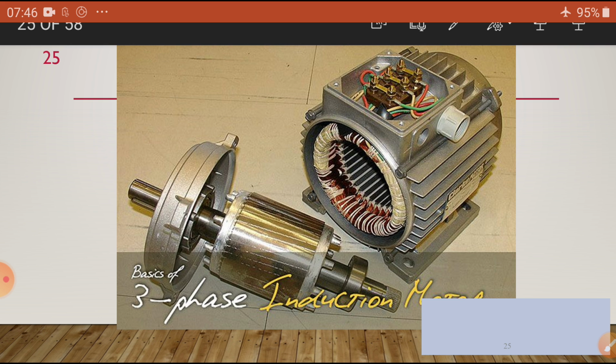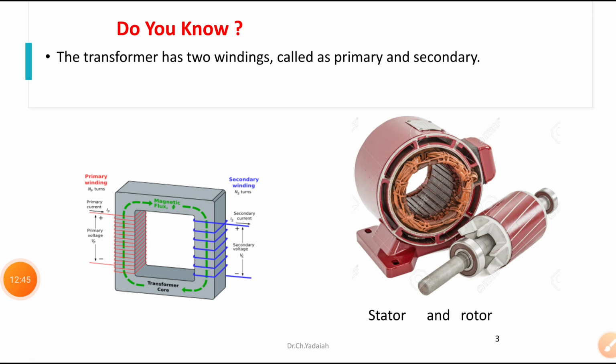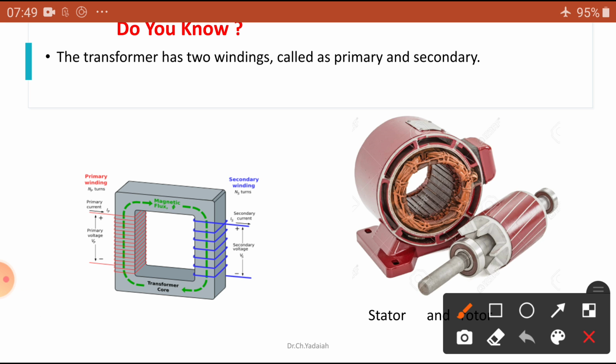Okay. So, we will conduct the experiments in the laboratory similar to this procedure. Let us see this one. Now, you can see here, this is a single phase transformer.